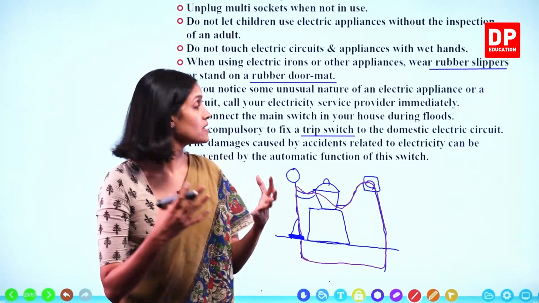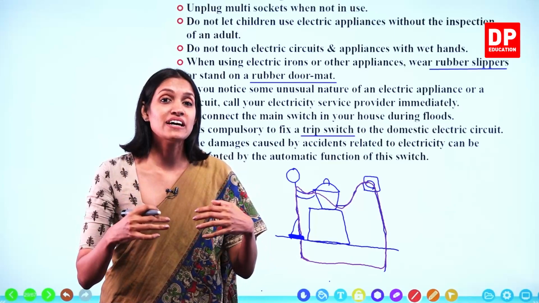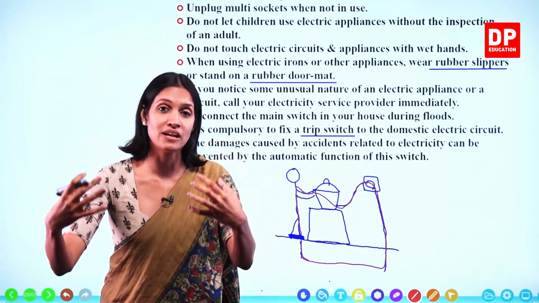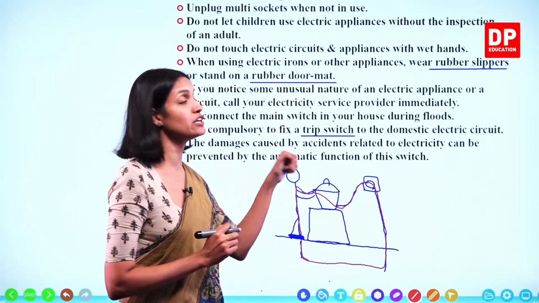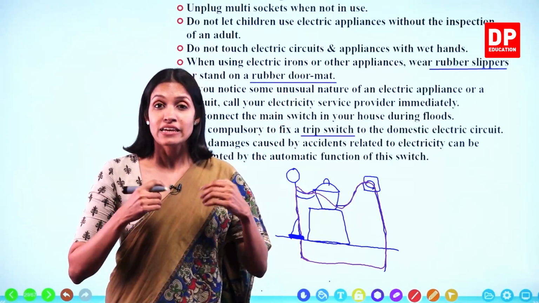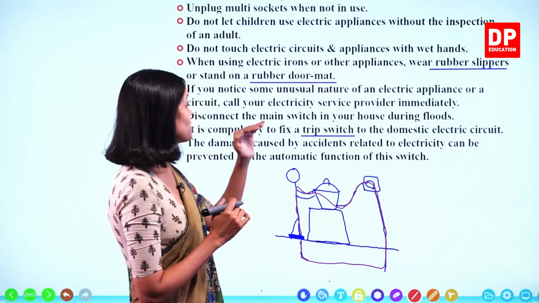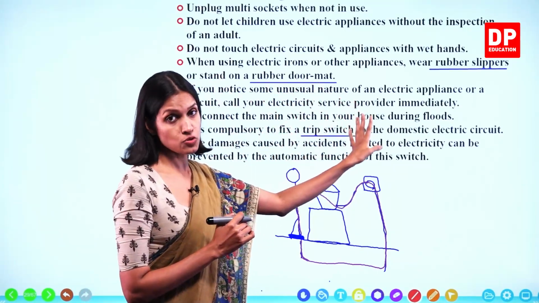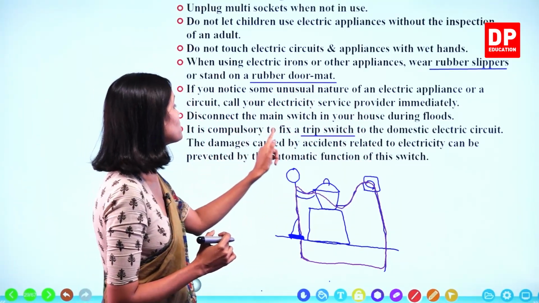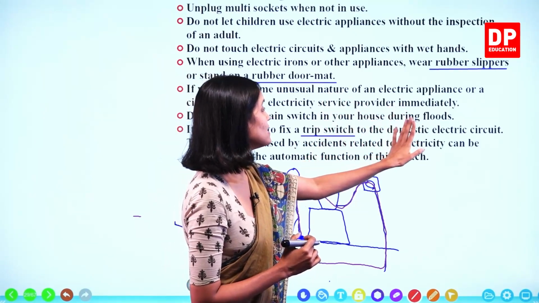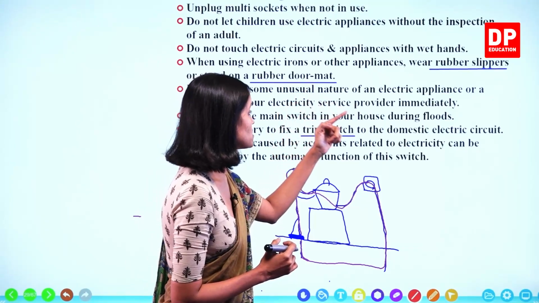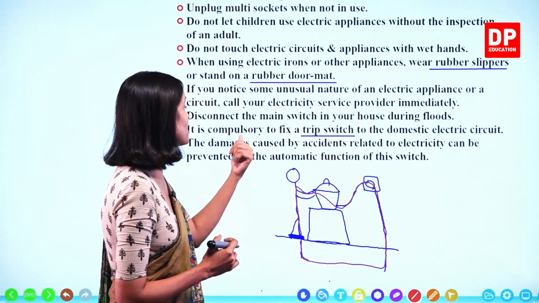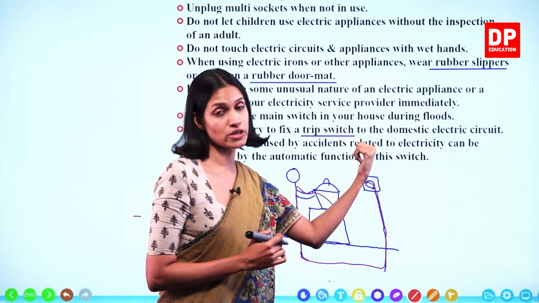That is for your own safety because whenever there's a fault or sometimes when a large amount of electricity all at once flows through the circuit, it automatically goes off. Right? It's for your safety. Therefore, you must install a trip switch to the switchboard. Okay? It's compulsory to fix a trip switch to the domestic electric circuit. The damages caused by accidents related to electricity can be prevented by the automatic function of this switch.